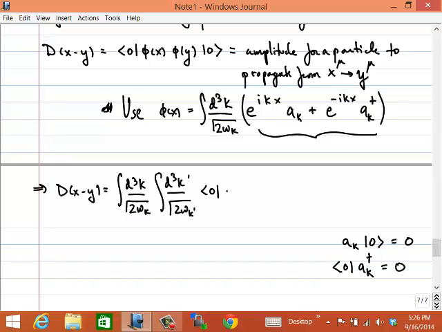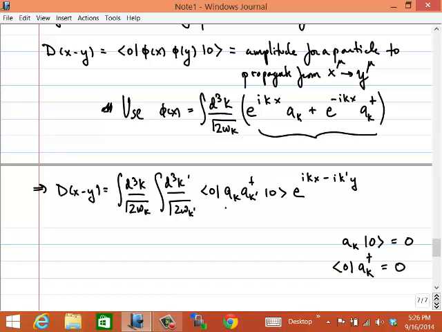So the only non-zero term in this sum will be one with an a_k on the left and an a_k' dagger on the right, and so it'll be multiplied by e^(i k x - i k' y).